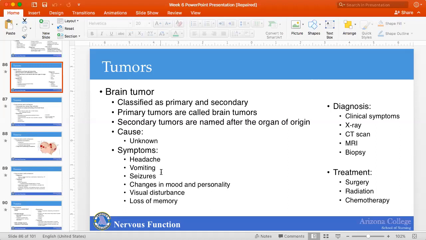Symptoms would include any of the ones listed here. And then, like with any kind of neurological condition, you're going to look at imaging. So you're going to look at using X-ray, CT, MRI, potentially a biopsy or other blood work, and then surgery, radiation, and chemo being part of the treatment.